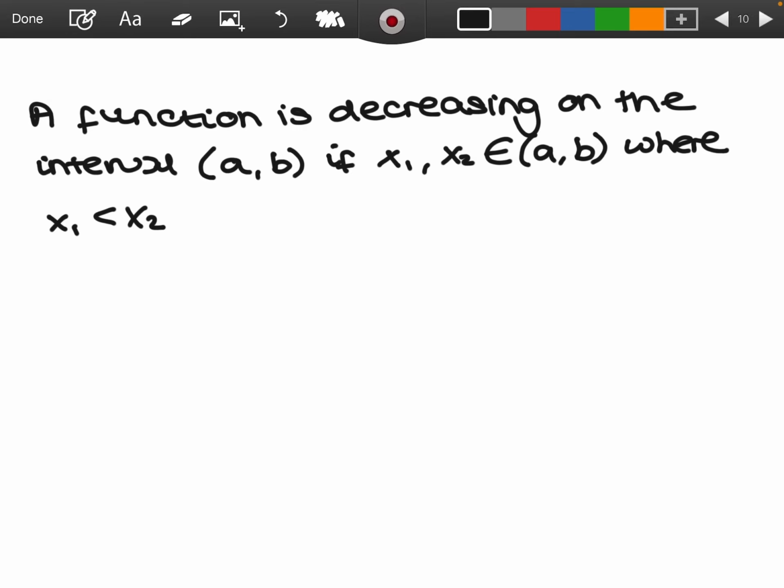Then if it is decreasing on that interval, I should find that f of x1 is greater than f of x2.